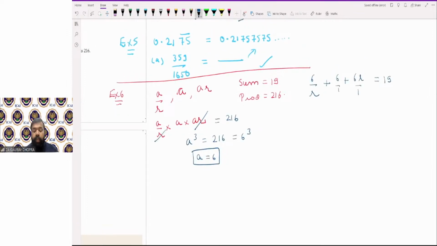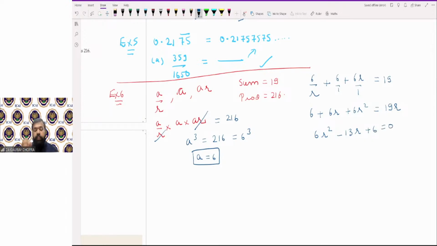Now take the LCM and simplify. So 6 plus 6r plus 6r square is equal to 19r. So 6r square then minus 13r plus 6 is equal to 0.